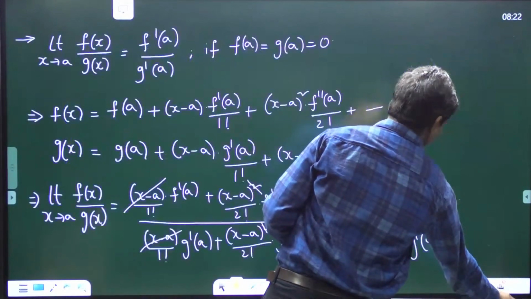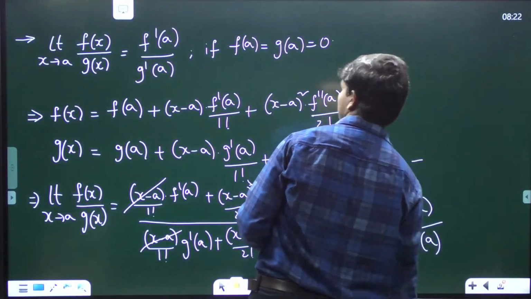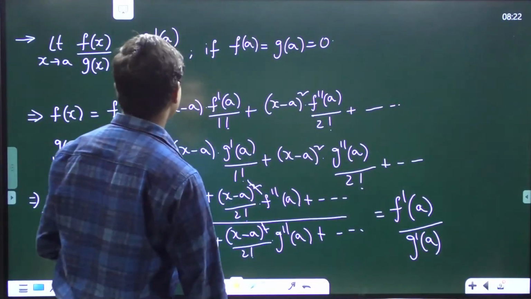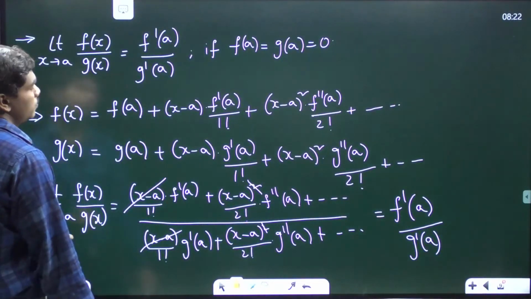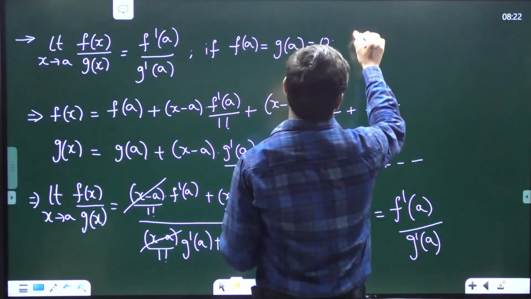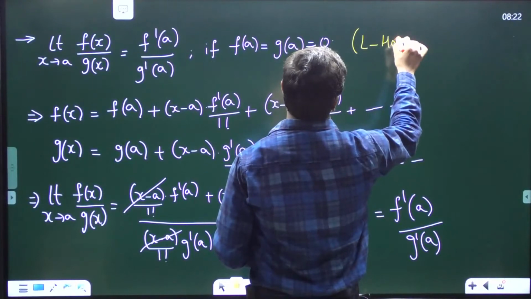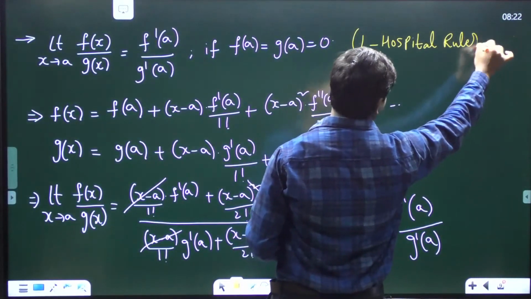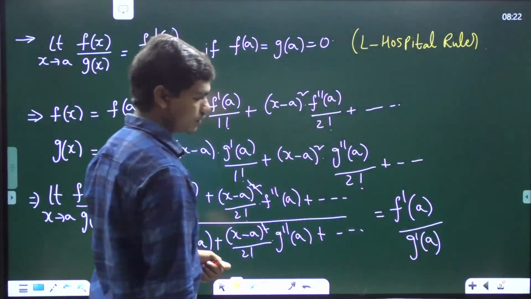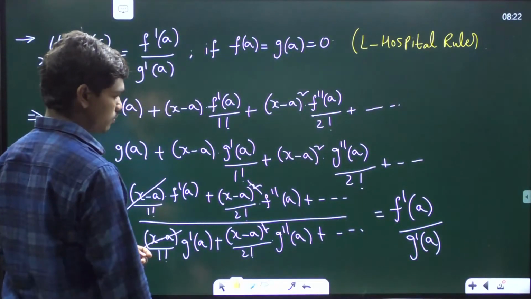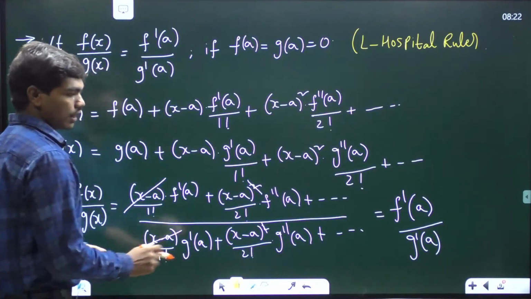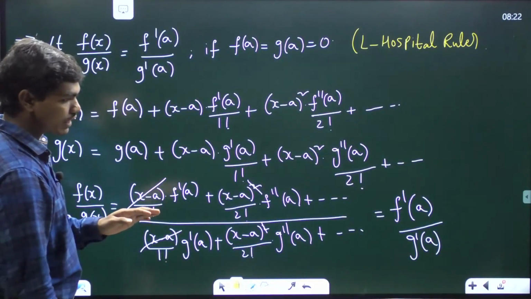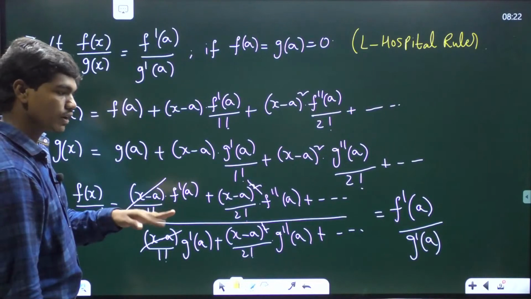I'm going back again to our formal discussion. So this is how L'Hospital's rule looks like. No, Monica, see here, if f dash of a and g dash of a are 0, then we get f double dash of a by g double dash of a.